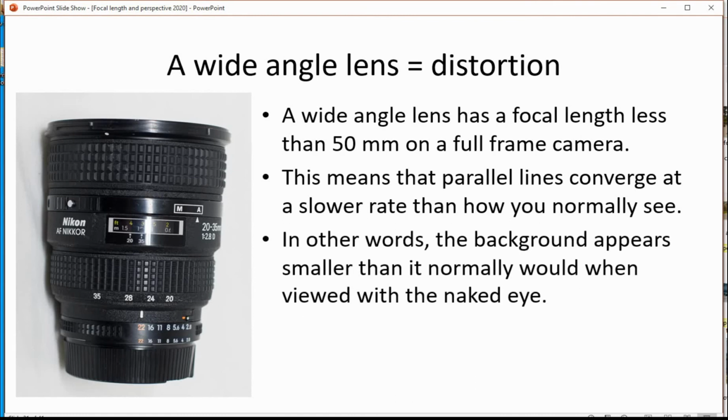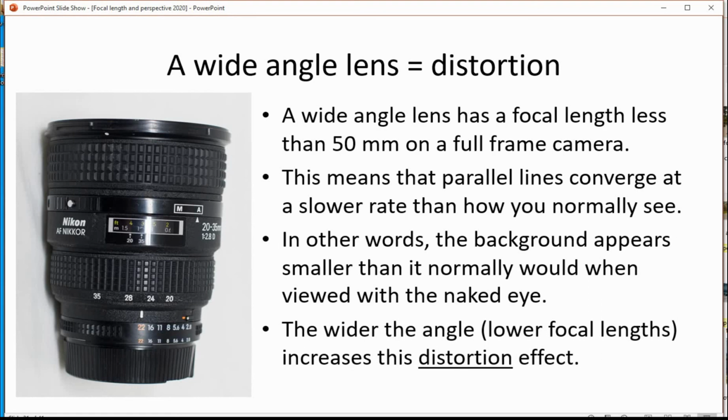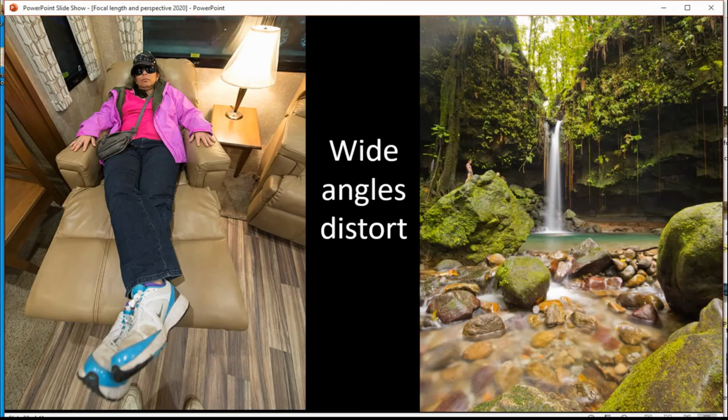In other words, the background appears smaller than it normally would when viewed with the naked eye. The wider the angle, or the lower the focal length, the greater the distortion effect. So you can see here on the left that there's a great deal of distortion, and on the right it doesn't appear like there's that much distortion going on, but I can assure you that those boulders are not the same size as the waterfall.